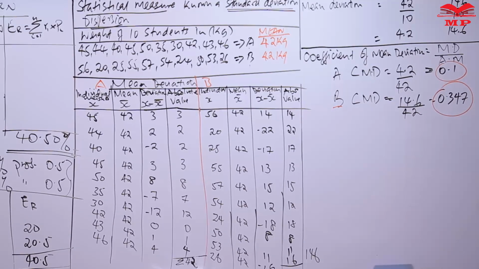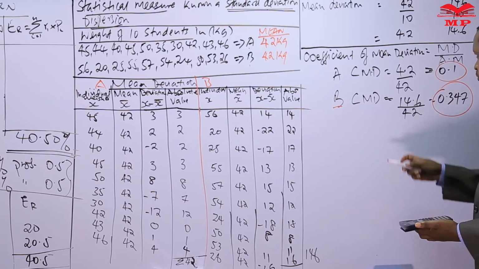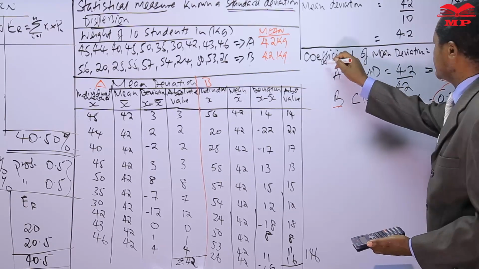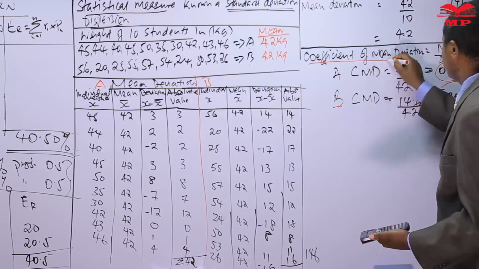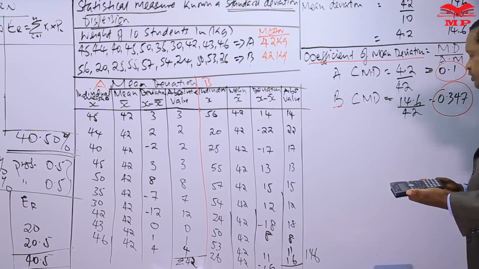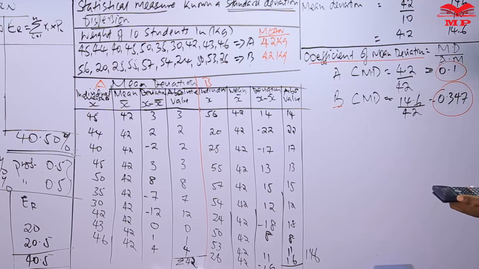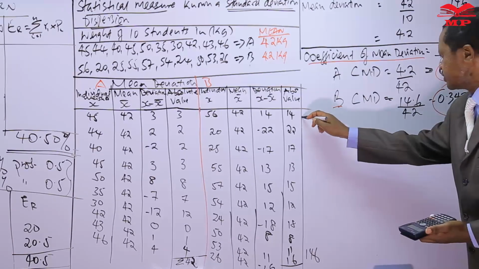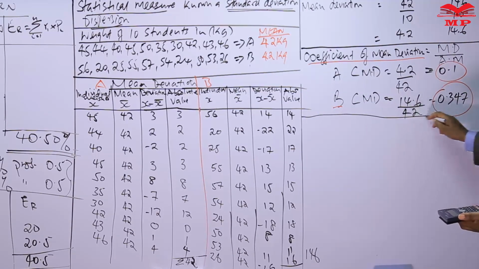So the coefficient of mean deviation can be used as a relative measure of dispersion. That again was to remind us.